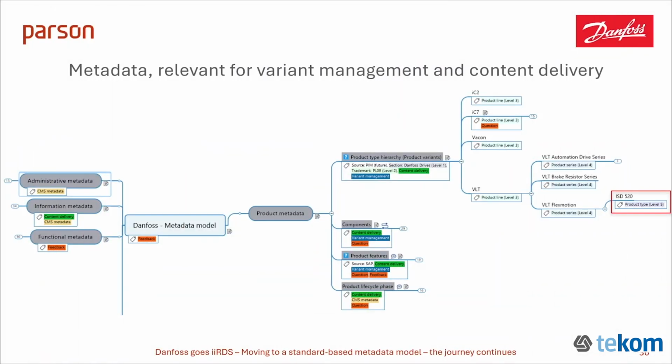And this is what you see reflected here. There's the product type hierarchy, and it drills down through the product line. VLT in this case is one of our product lines. Below that belongs a so-called flex motion products portfolio. And then there is the specific product, ISD 520 in this case, which is level 5.